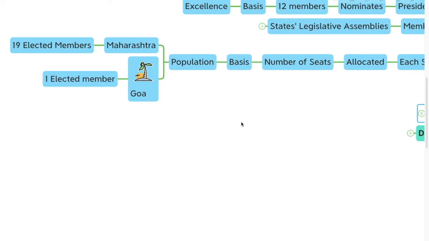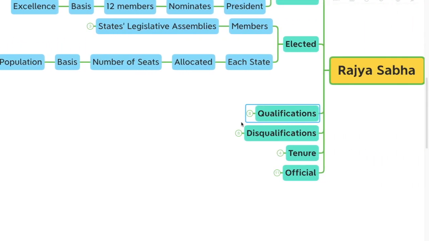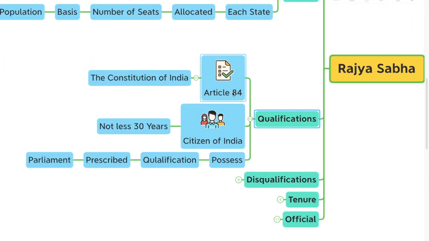So what must be the qualifications to be a member of the Rajya Sabha? Article 84 lays down the qualifications for the membership of the Parliament. First and foremost, he must be a citizen of India. No matter which qualification comes, for Rajya Sabha or for President or Prime Minister or Lok Sabha, write this point down.